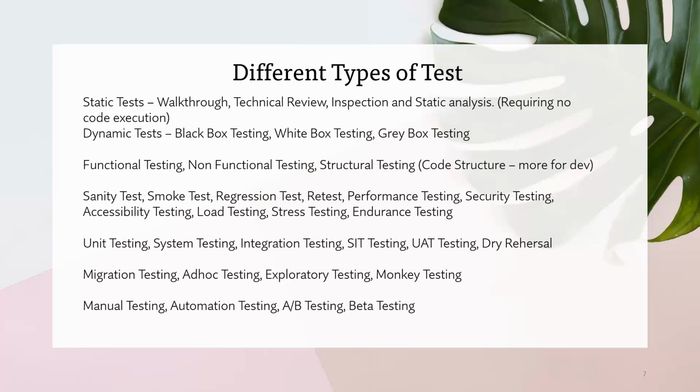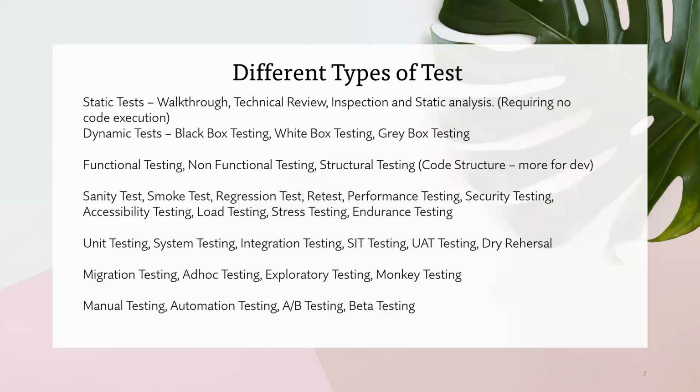Then we have migration testing. This migration testing is applicable when you have a major change in the application. Suppose you have an Oracle database on version 12c, and Oracle has launched a new version, 19c, saying it is robust, and we are not supporting 12c, we are supporting only 19c.